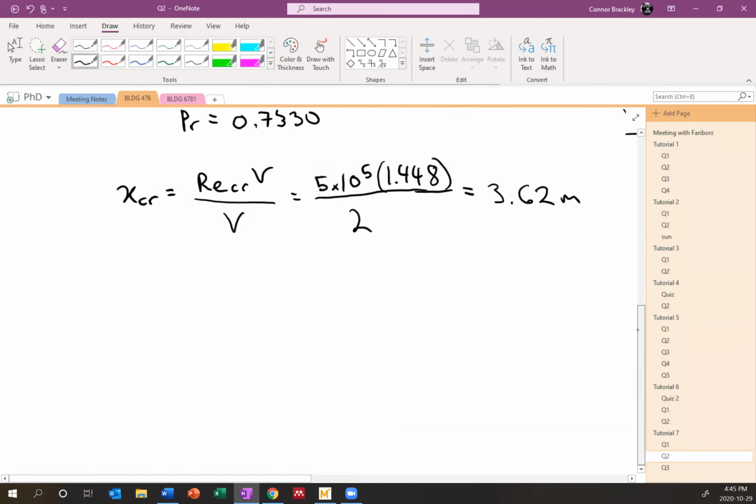So the first thing we want to do is just the heat transfer over the first plate. And this one's pretty much the exact same as the last question, so I will go over it quickly.